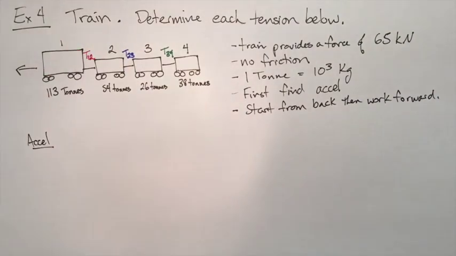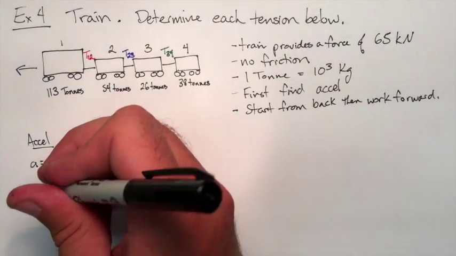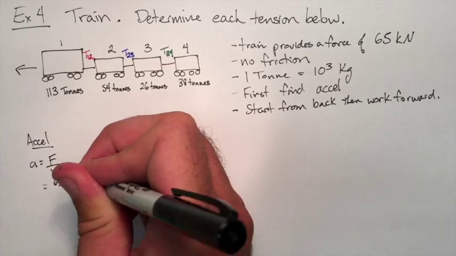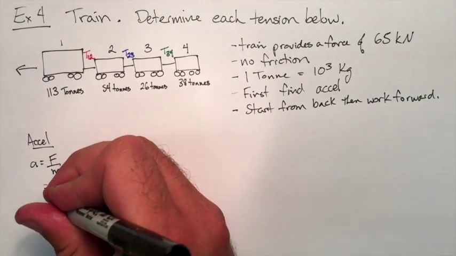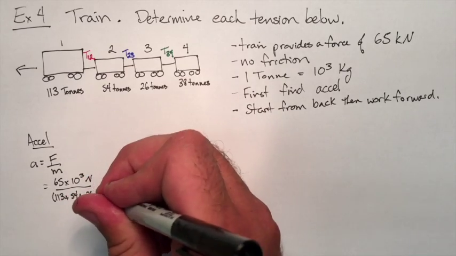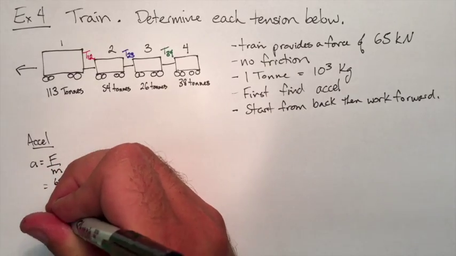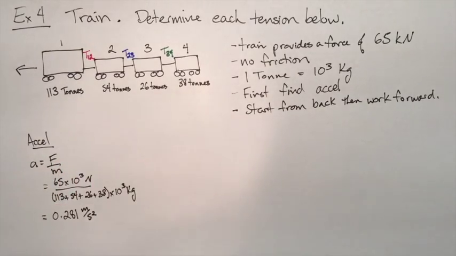So finding the acceleration, just using Newton's second law, the acceleration is going to be the force divided by the total mass. So there's the force divided by all of the masses added together. And we find that answer to be 0.281 meters per second squared.